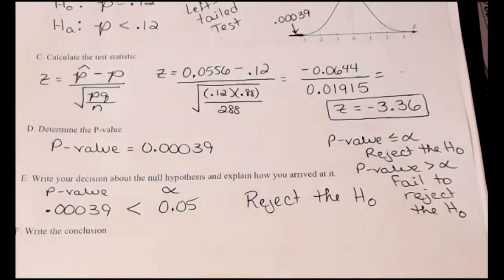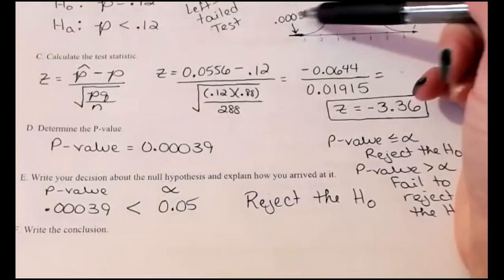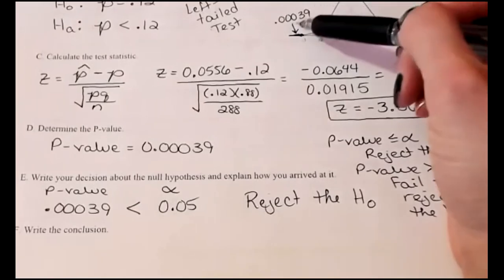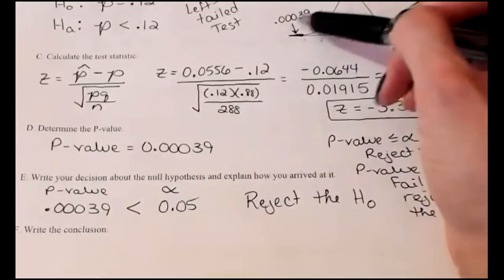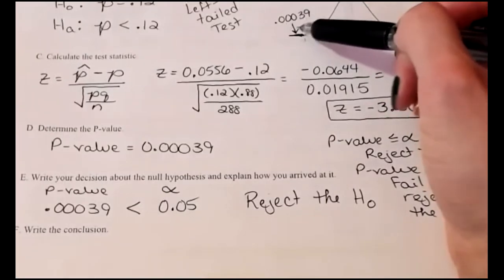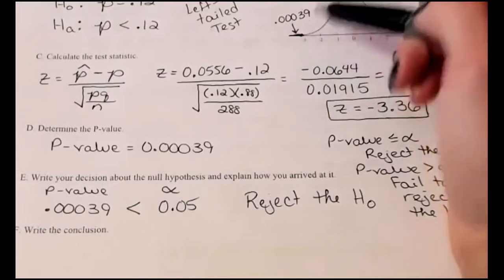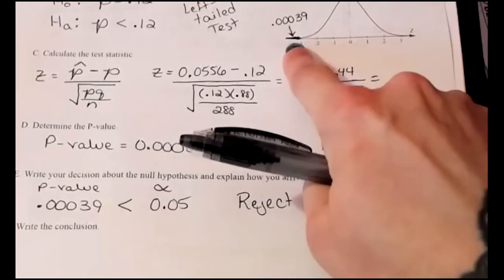I want you to think about this region here. So your probability is super small, right? But 0.05 is more of this region. It's a greater region than just this 0.00039. So think about the fact that this particular region is actually smaller than alpha. So there's something very unusual happening.